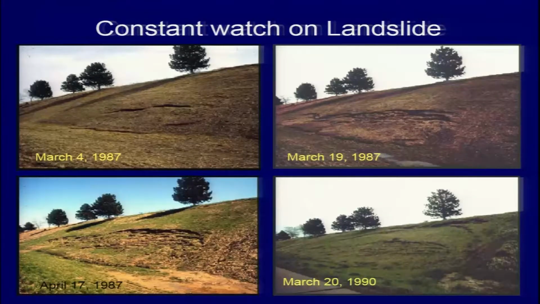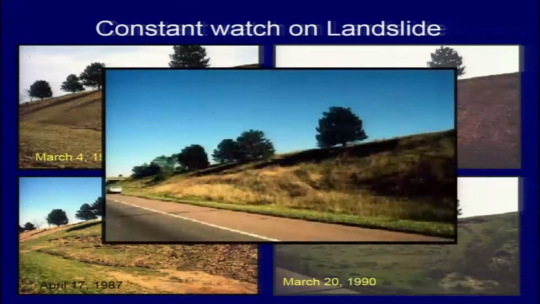So if you keep watching this carefully and understand how much movement is taking place, one can easily figure out, and then finally it slid down. Okay. And this was in '93. So, the interval of almost 3 years.